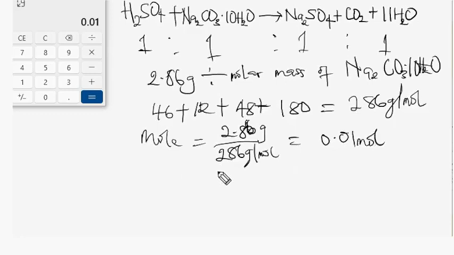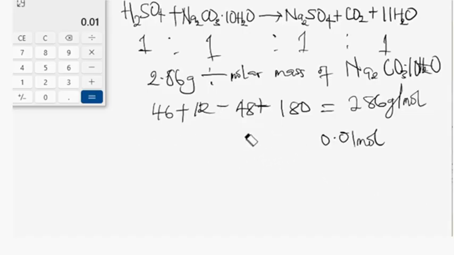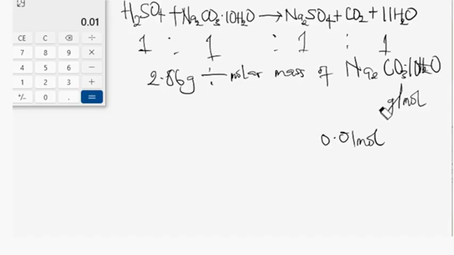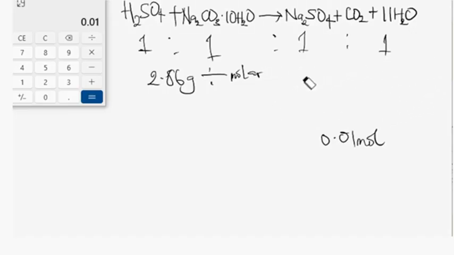So sodium trioxocarbonate 4 decahydrate here has 0.01 mole. Since there is 0.01 mole of sodium trioxocarbonate 4 decahydrate in this reaction, it means that the number of moles of tetroxosulfate 6 acid here will also be 0.01 mole.